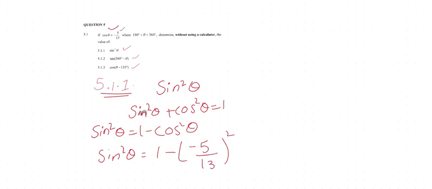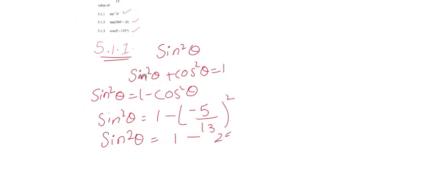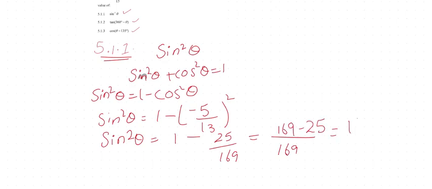So we have sine squared theta equals 1 minus 25 by 169. After simplifying, we have 169 minus 25, we get 144 by 169.